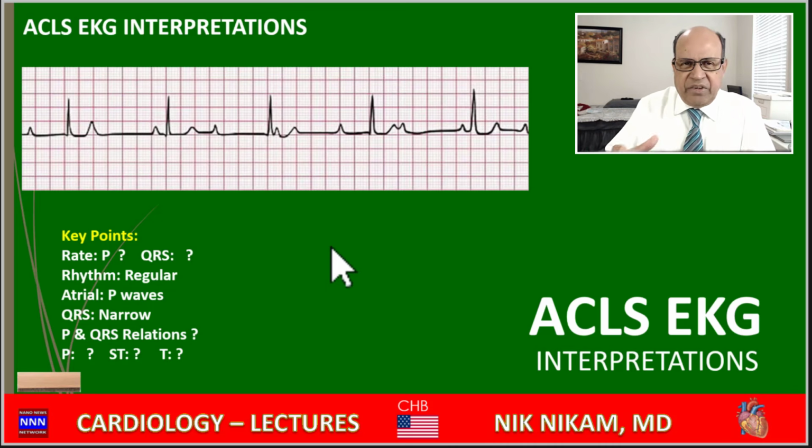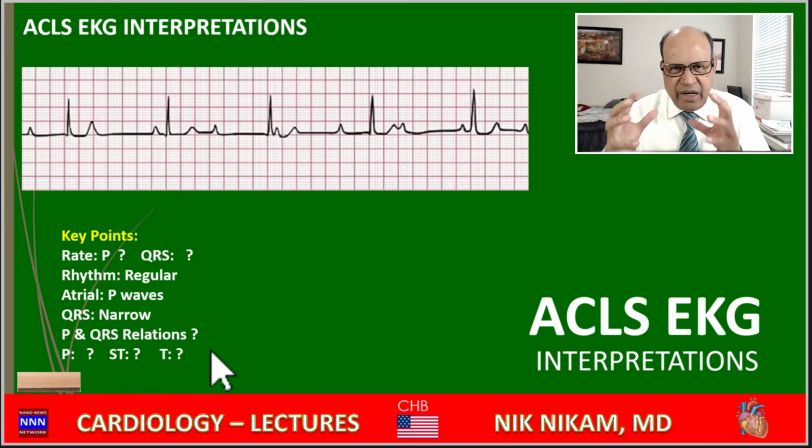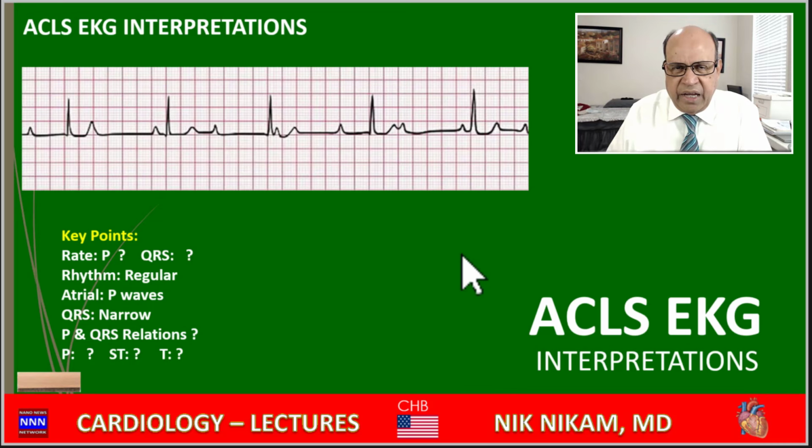There may be much simpler examples of a high-grade AV block, but since we are following these principles of looking at each one of these elements to put them together to create the elephant, now we can come up with the diagnosis that we are dealing with a high-grade AV block.